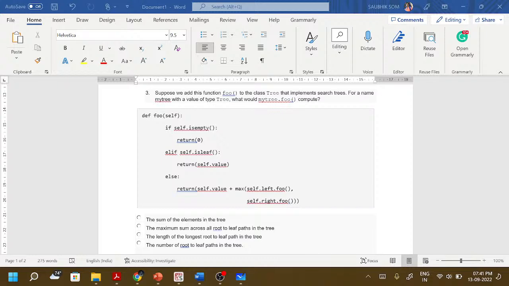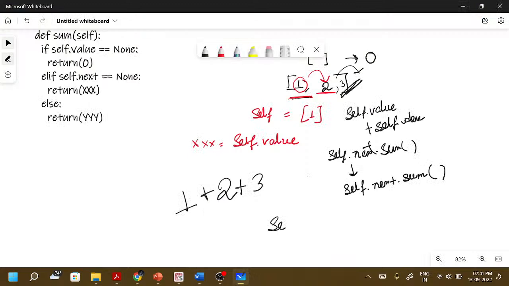No answer. Maximum sum across all root to leaf paths. B? Yes, correct answer. I'll explain. This is the correct answer.